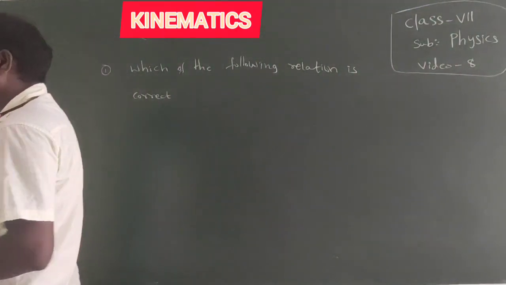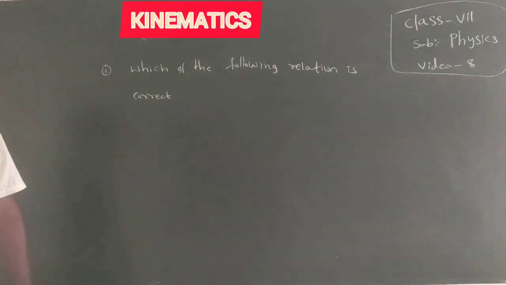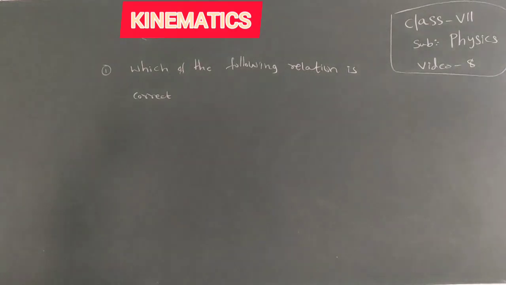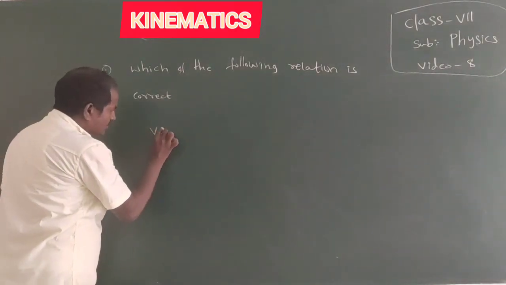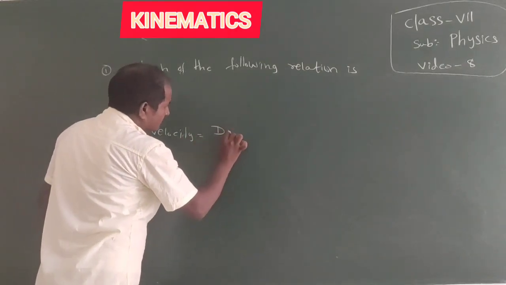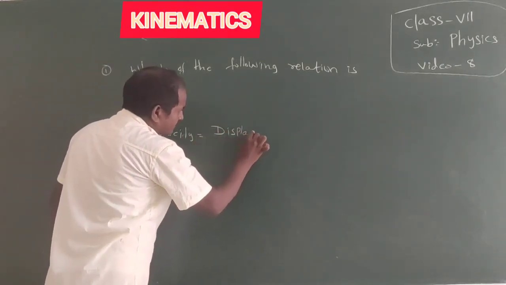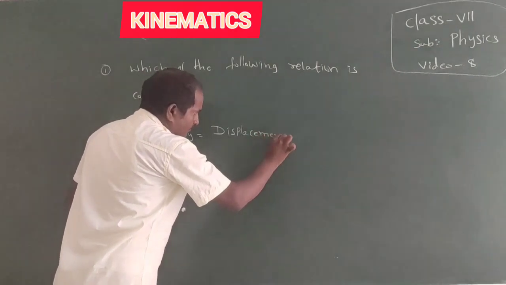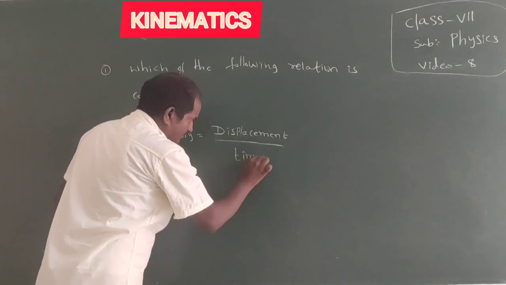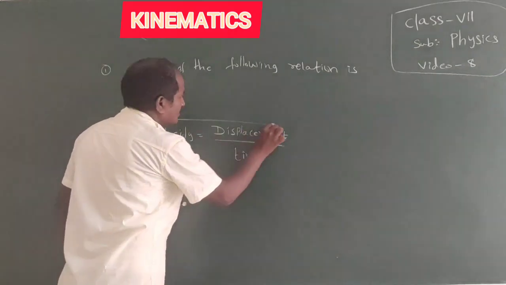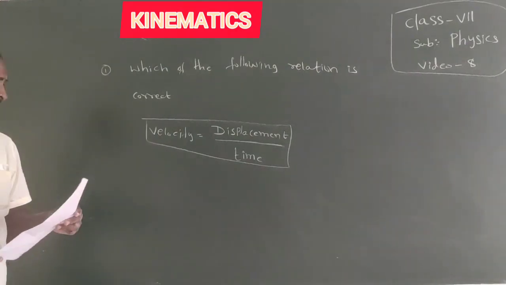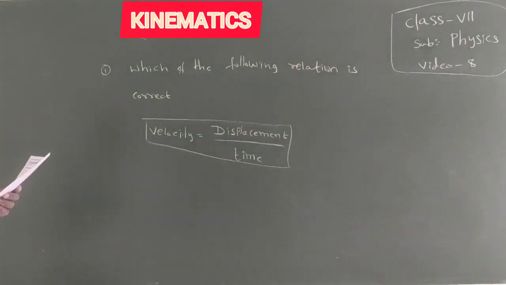So we know that velocity means the rate of change of displacement with time. So here velocity equal to displacement by time. It is the correct relation.